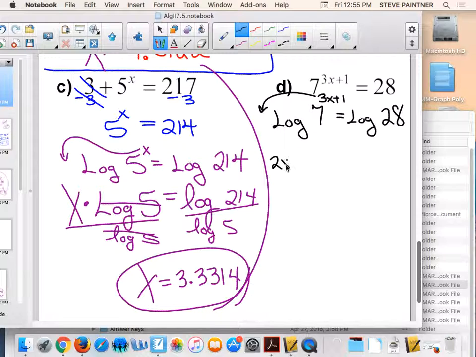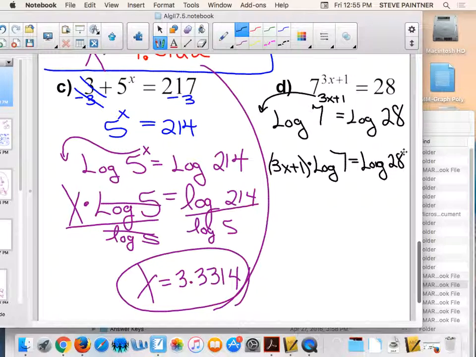So take this number, whatever 3x plus 1 is. By the way, that is just a number. It could be 5, it could be 10, it could be 20. That number times log of 7 equals log of 20 what? 8.